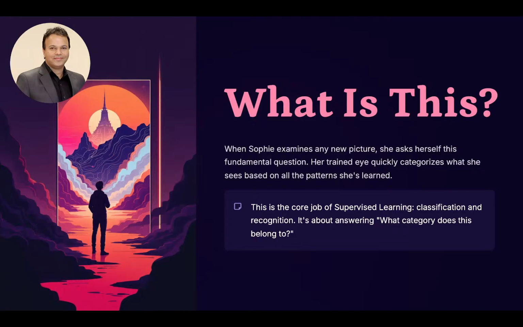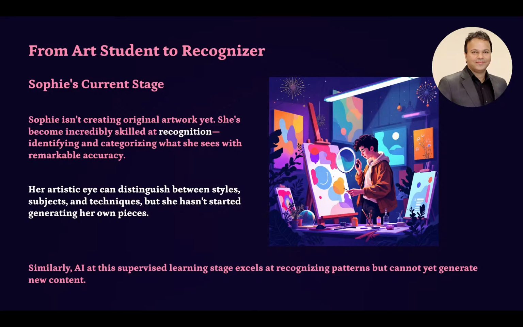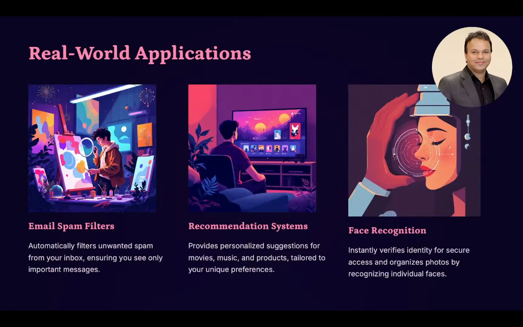So all this is nothing but classification and also recognition. So we were talking about Sophie, who from being an art student has become a great recognizer. She's not going to now just say it's a cat. She's going to say that this is a cat sitting on a lawn with a scenery in the background. She can describe an image very clearly, right? This is how even an AI using supervised learning begins to recognize and describe objects.